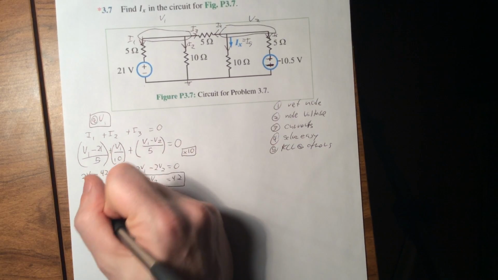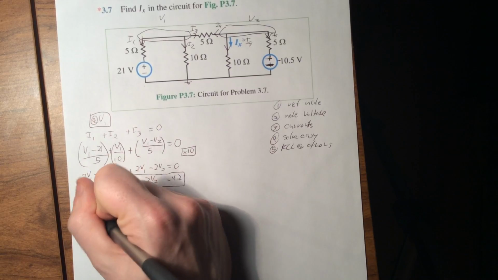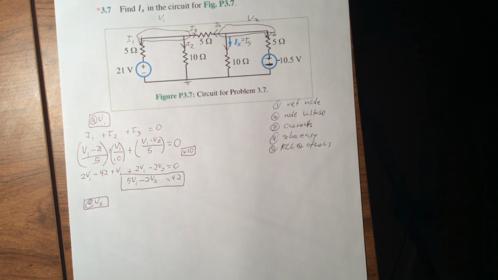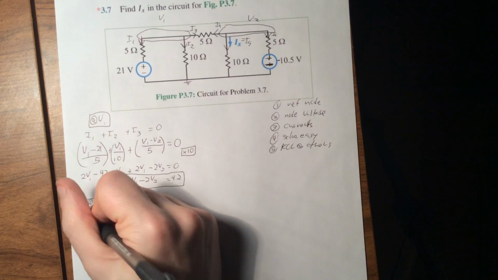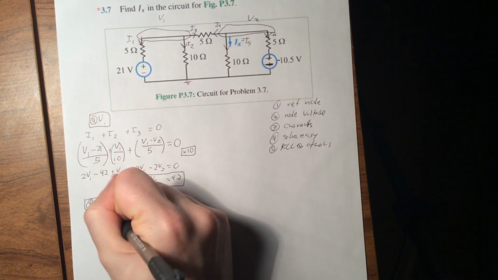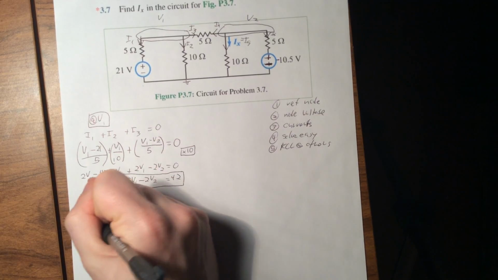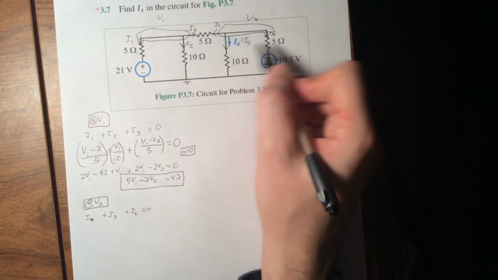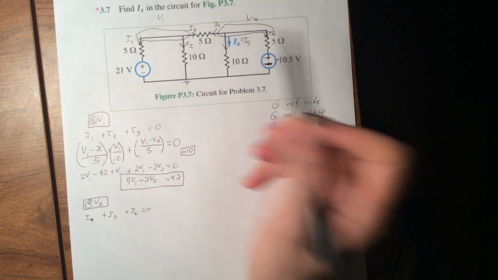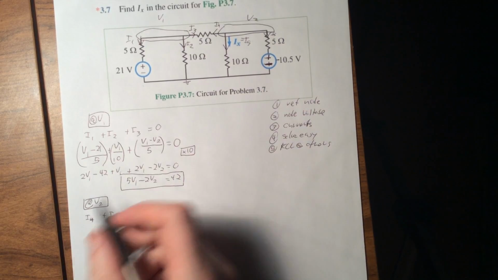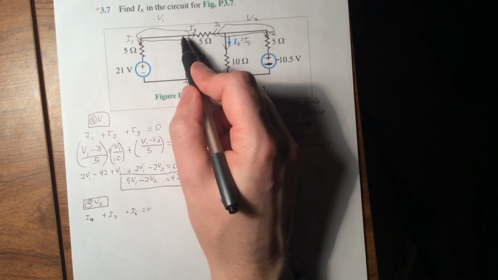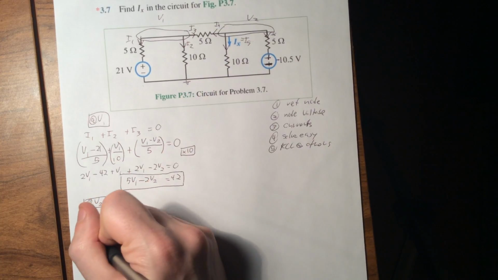Let's get our second equation at V2. All right, so we're going to do the same thing over here for V2. I4 plus I5 plus I6 equals 0. Okay, 4, 5, 6. I5 equals Ix, so we'll do that for later. I4 is going to be (V2 minus V1) over 5.